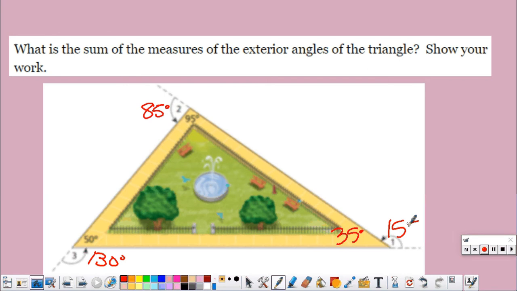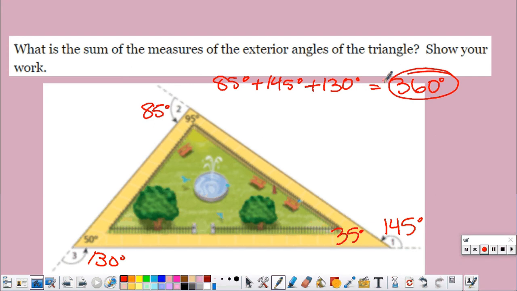Nope, 45. Sorry. 145. All right, so we add all those together to find the sum of the angles. 85 plus 145 plus 130, and it gives us a grand total of 360 degrees. All right, cool. That worked for that triangle.